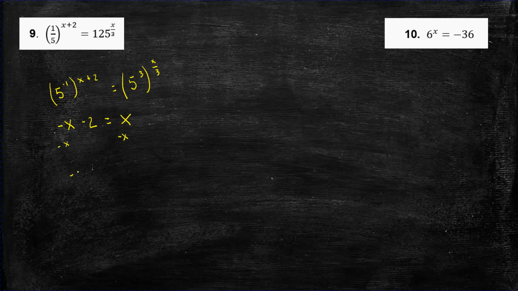Gives me negative 2x minus 2 equals 0. So add 2. I have negative 2x equals 2. Divide by negative 2. And then x equals negative 1.